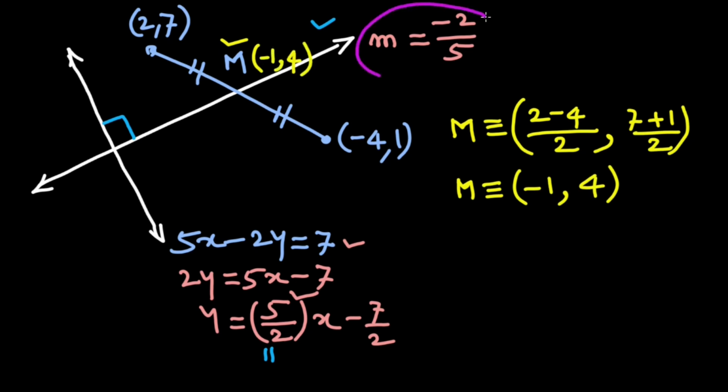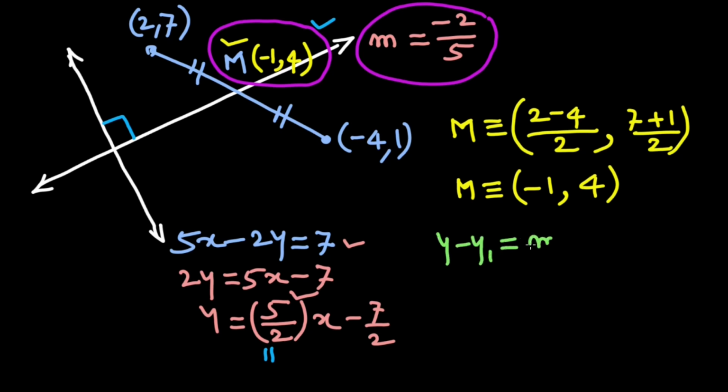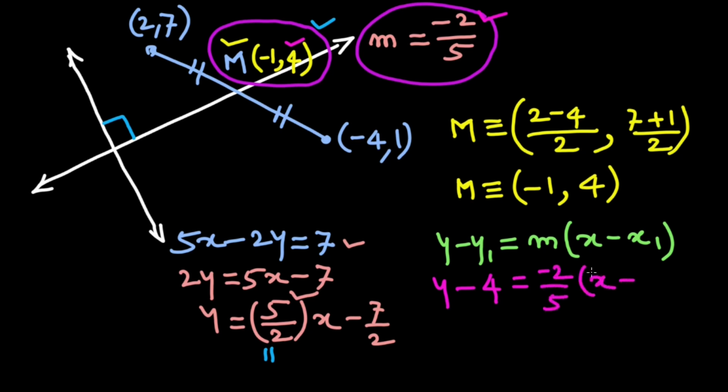Now that we know the slope of the required line and one point on it, we can find its equation by using the slope point form, which is y minus y1 is equal to slope m times (x minus x1). Substitute the values. So y minus this 4 equals minus 2 by 5, which is the slope, times (x minus this x coordinate minus 1, which will be plus 1 here).